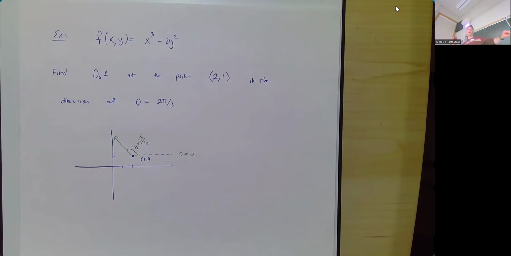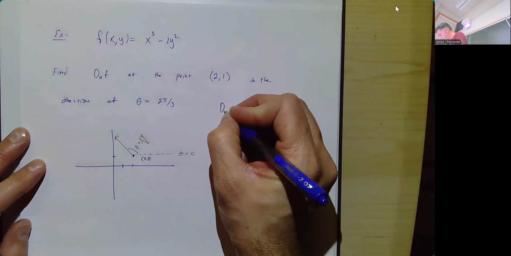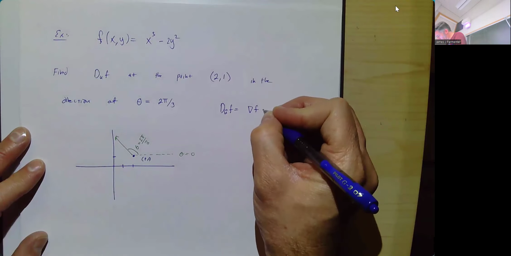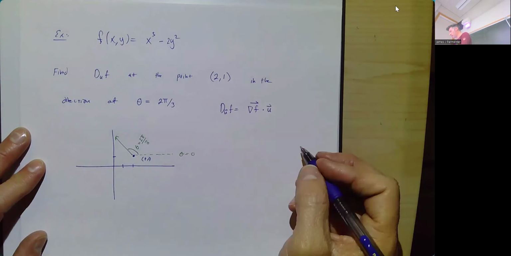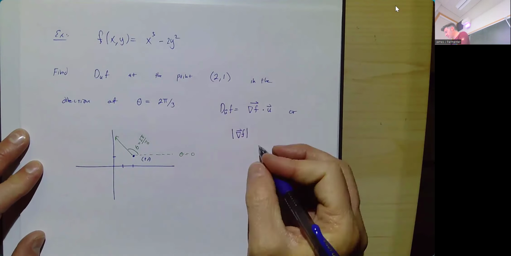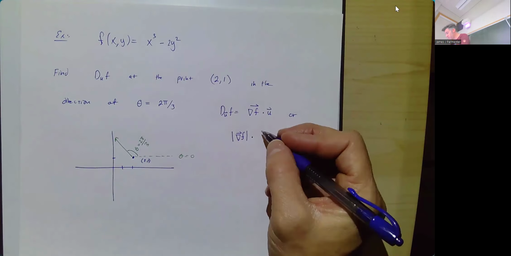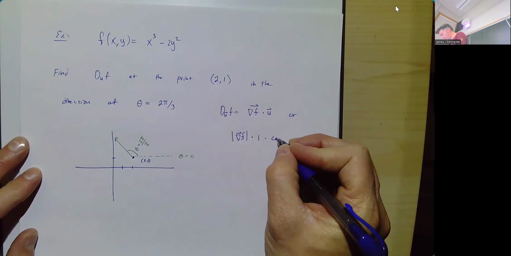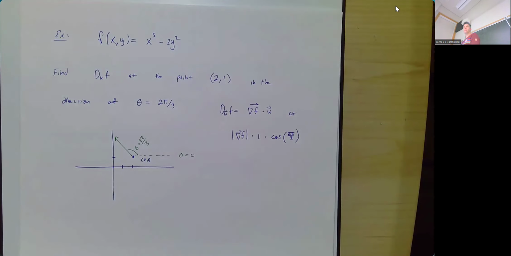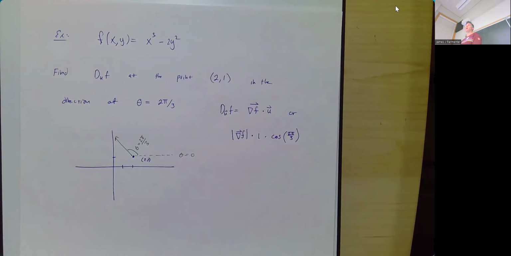So instead of finding the directional derivative as the gradient dotted with the unit vector, it's going to be the magnitude of the gradient times the magnitude of the unit vector, which is just 1, times cosine of our angle. I will also talk about how we can find the unit vector u in a second, but this is how I would probably do it.